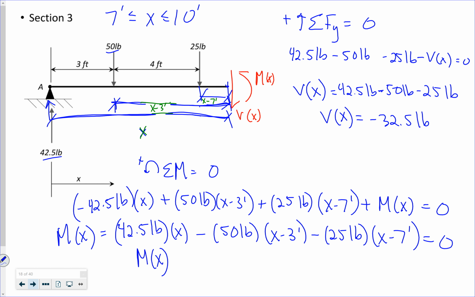So you should get minus 32.5 pounds x, and then negative 50 times negative 3 is 150. Negative 25 times negative 7 is, what? 175? Yeah. So add it together, you should get 320 foot-pounds.